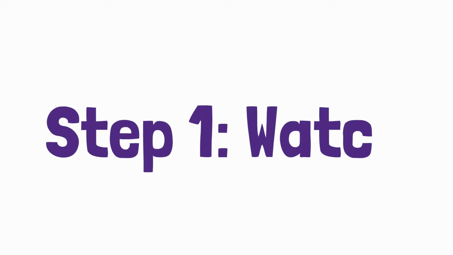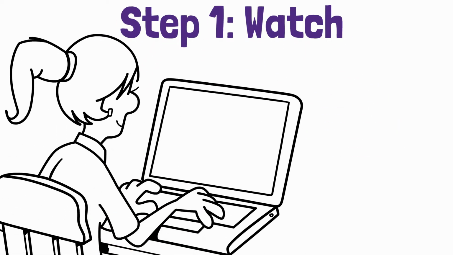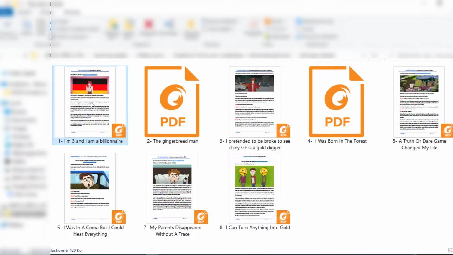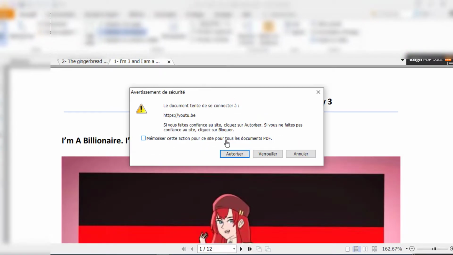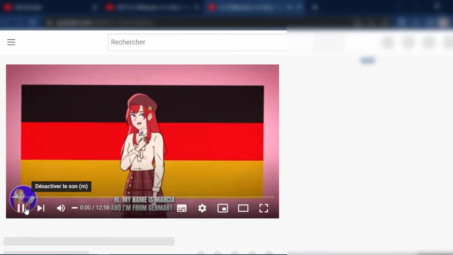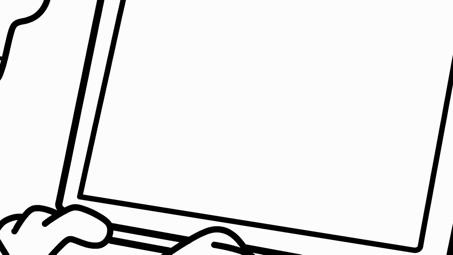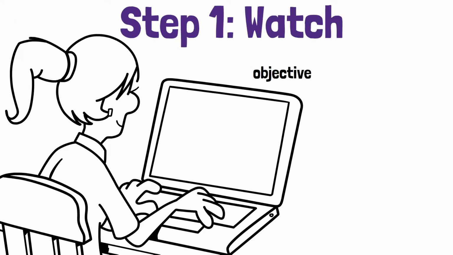So the first step, you open the first story and copy the link to go on YouTube to watch the story. The objective, the goal, the purpose is not to understand everything.